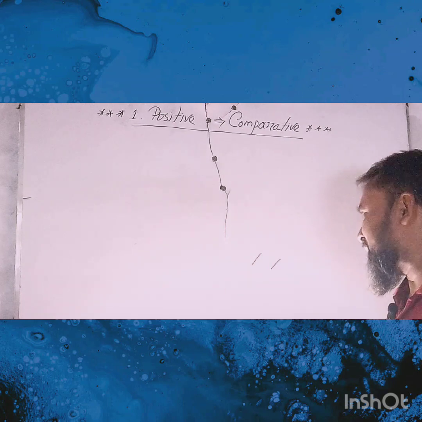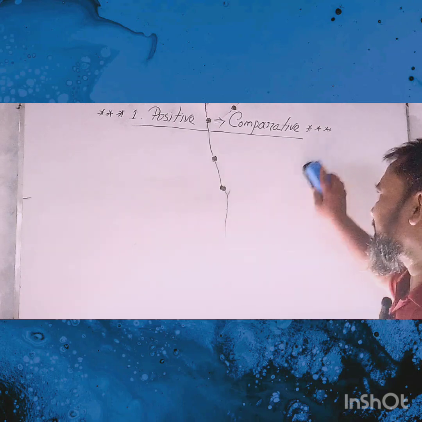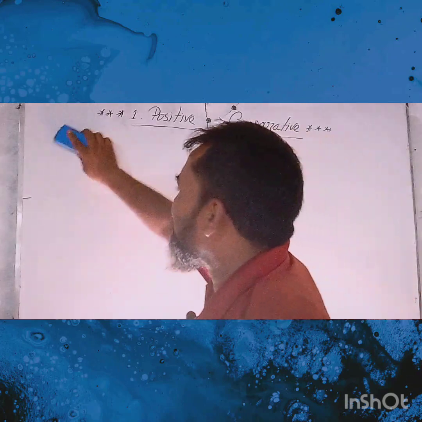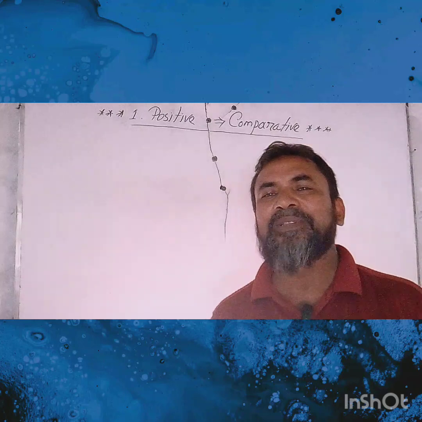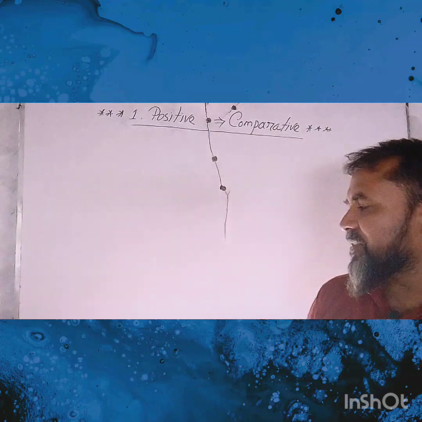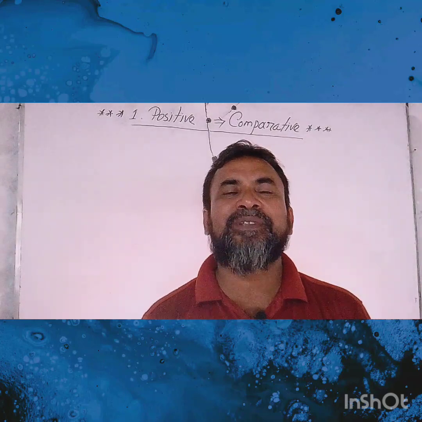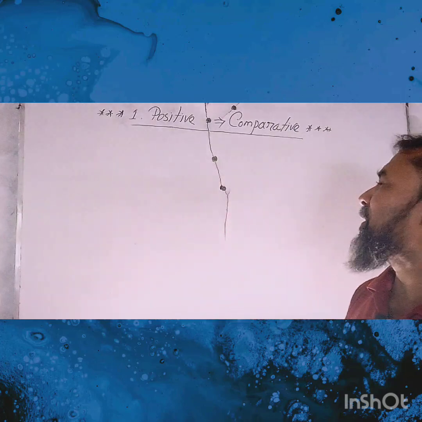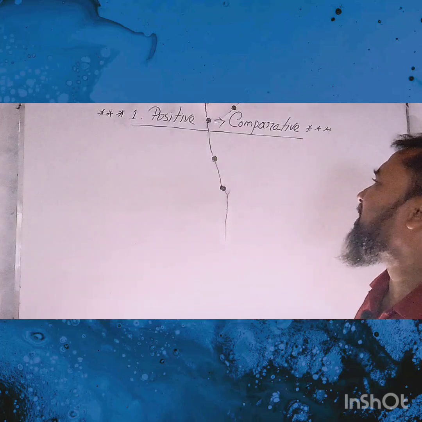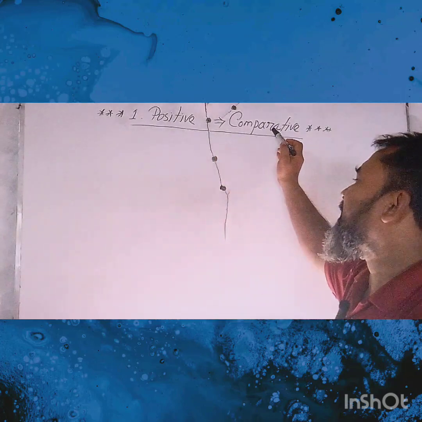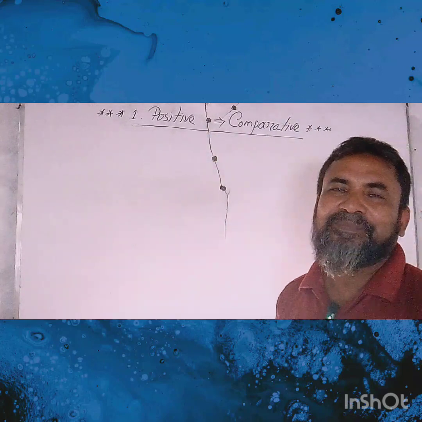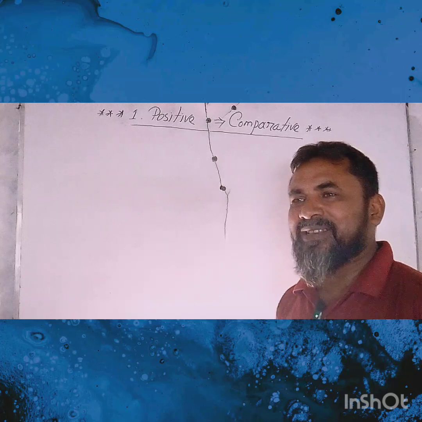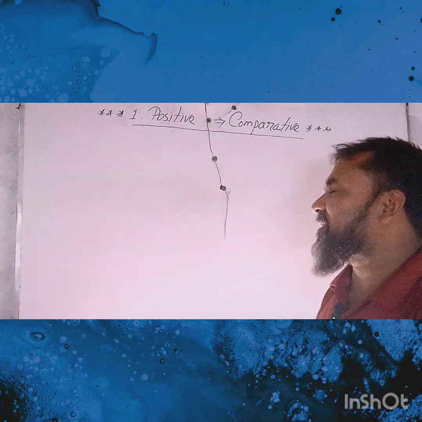When you are going to convert any kind of statement or sentence from positive to comparative degree, at first you have to learn how to select a positive degree. Of course, those topics were discussed in my previous class.